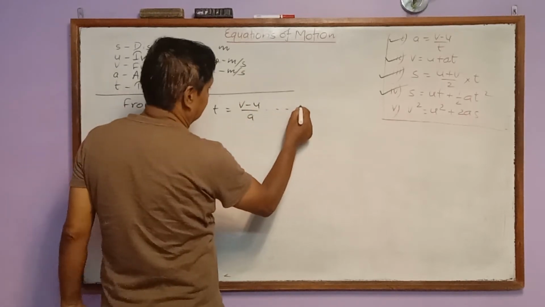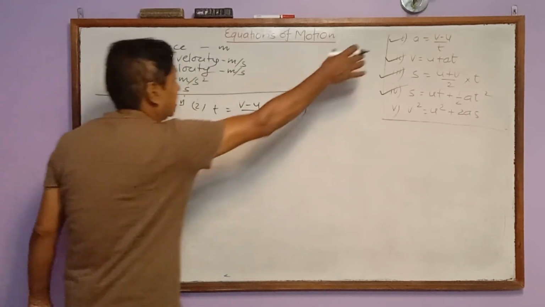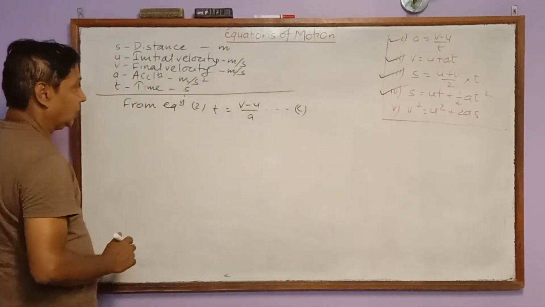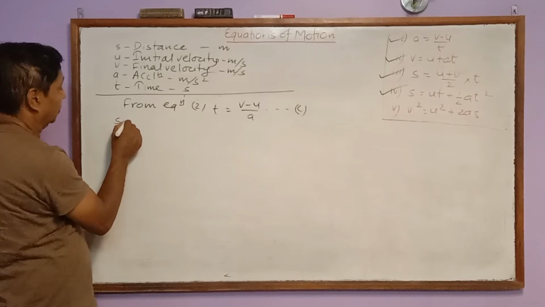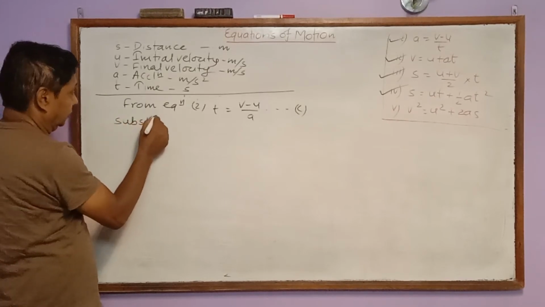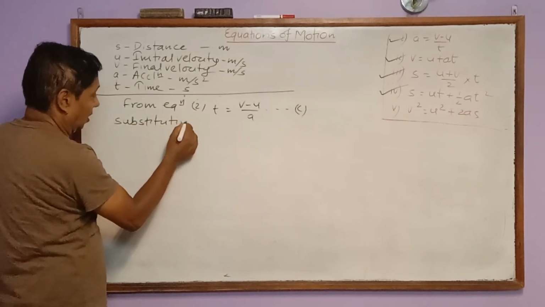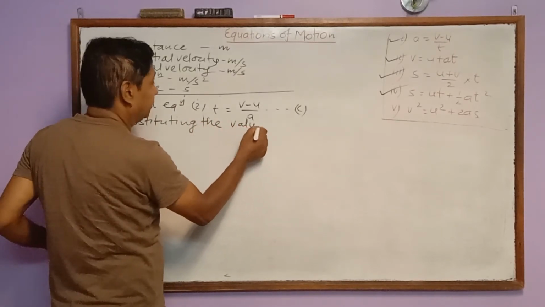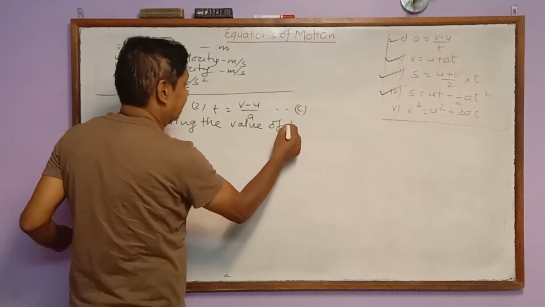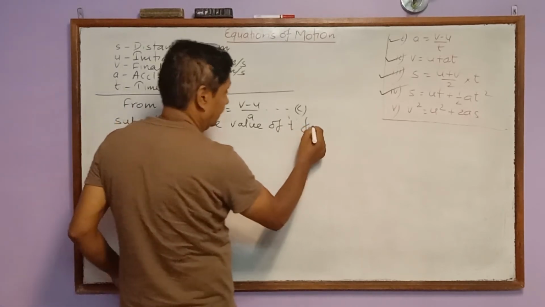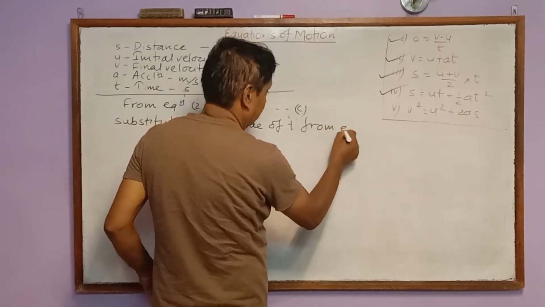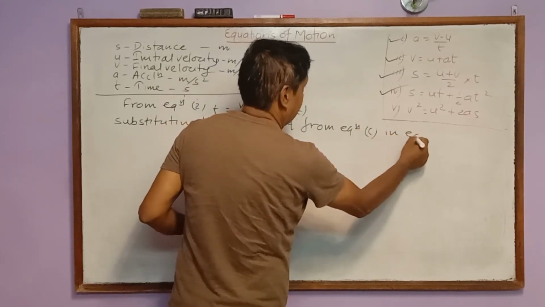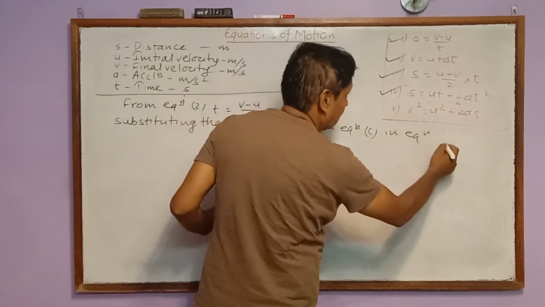And let's say this is equation C. This is not in series, that's why I am writing a different name for this, that is C. Now substituting the value of t from equation C in equation 3.